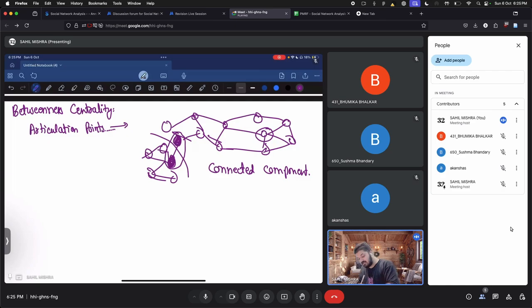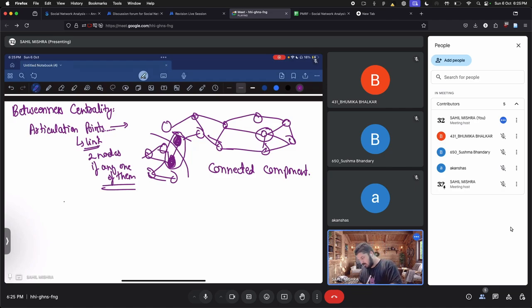An articulation point is generally a link, and you do not compute these centrality measures for a link. You compute them for nodes. So an articulation point generally contains two nodes, and if any one of them is removed, the network gets disconnected. I'll tell you how to find which one of the two should be removed.